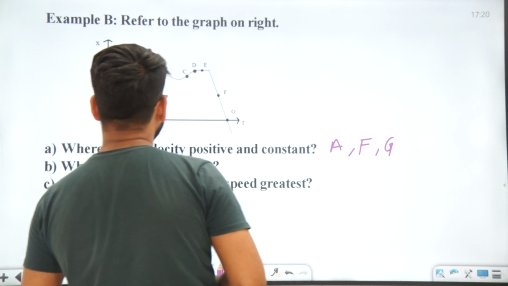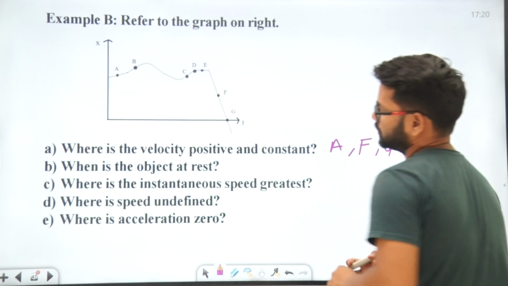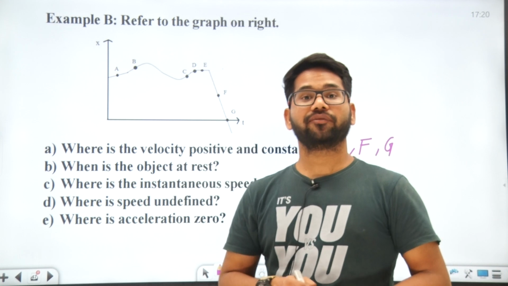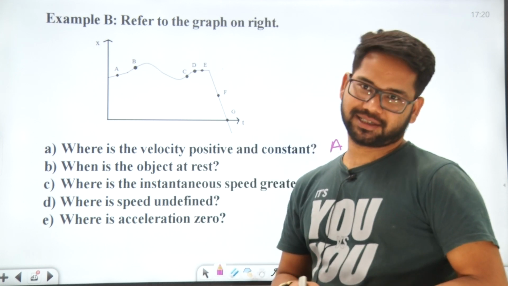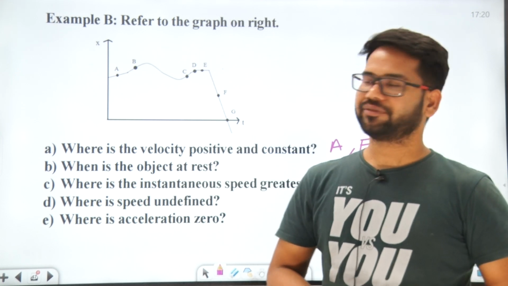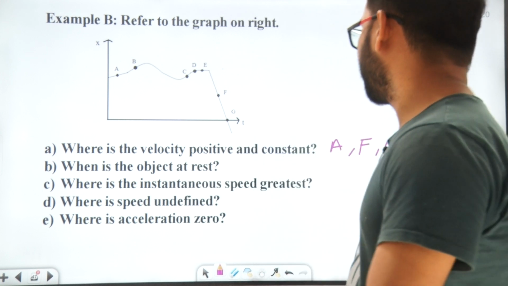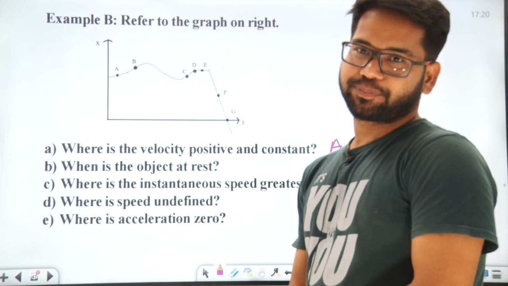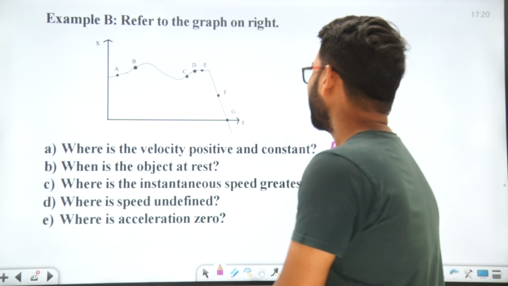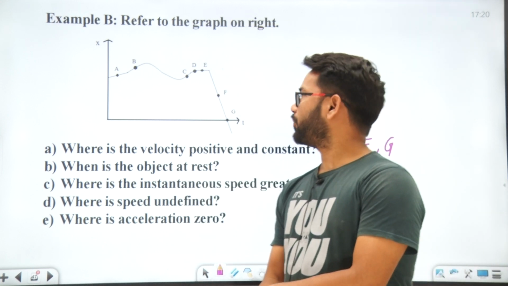Now look for B. When is the object at rest? When velocity will be 0, object will be at rest. And from the position time graph, speed or velocity you can get by looking for the slope.